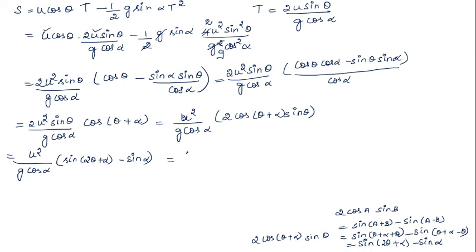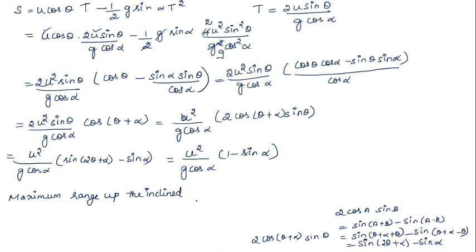So the maximum range up the inclined plane is u squared by g cos alpha into 1 minus sin alpha. Mark this as equation 3.